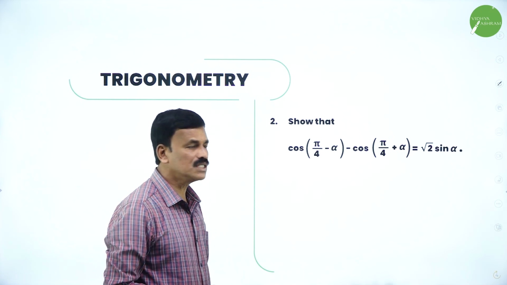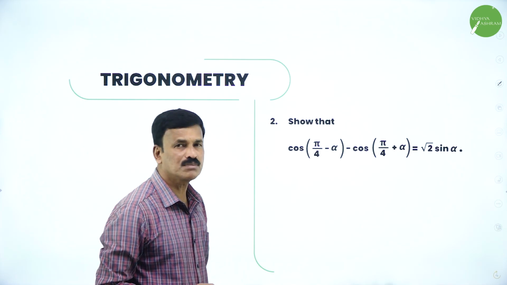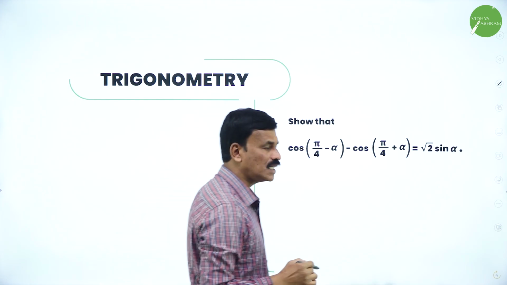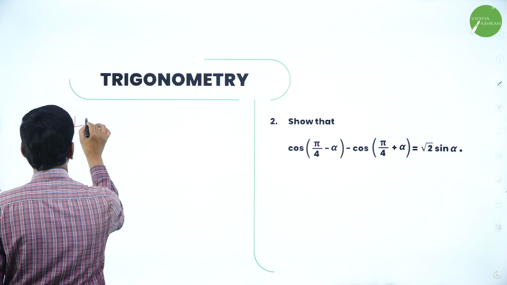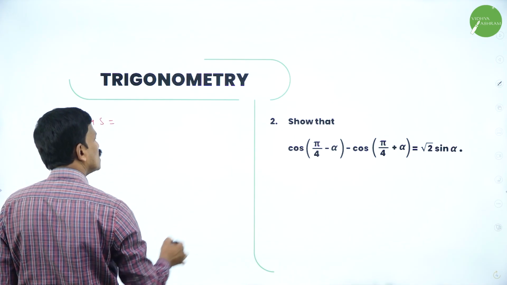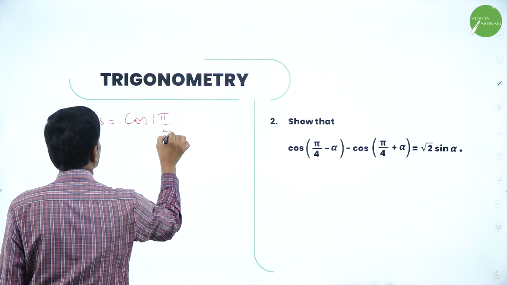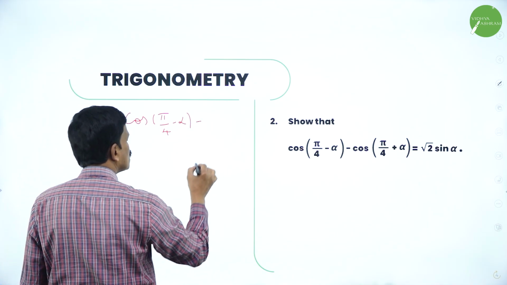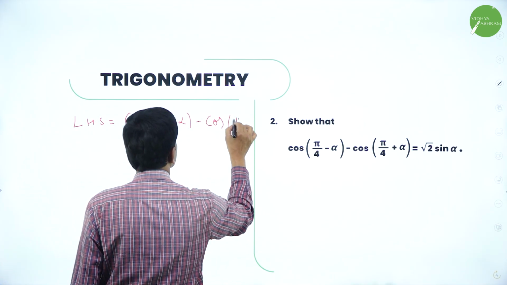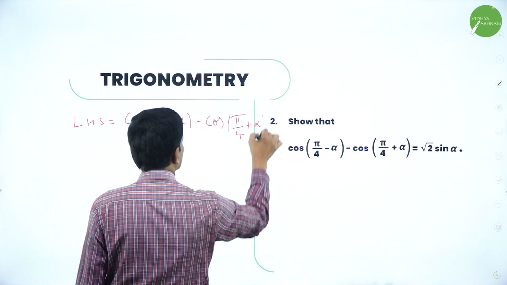Now if you observe carefully, this is of the form cos(A minus B) minus cos(A plus B). Take LHS. So what is LHS? This is LHS: cos(pi by 4 minus alpha) minus cos(pi by 4 plus alpha).